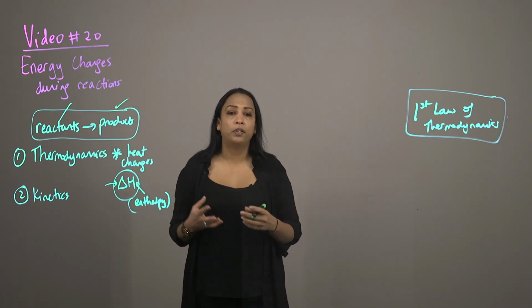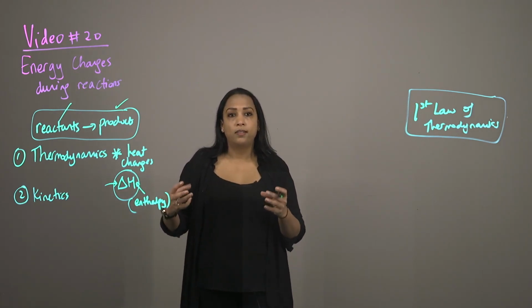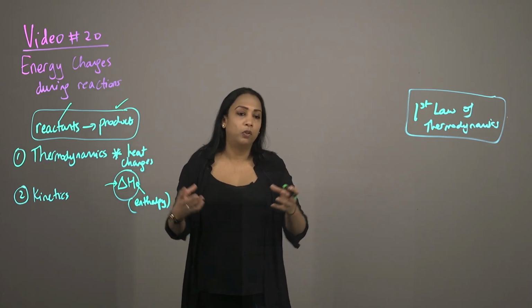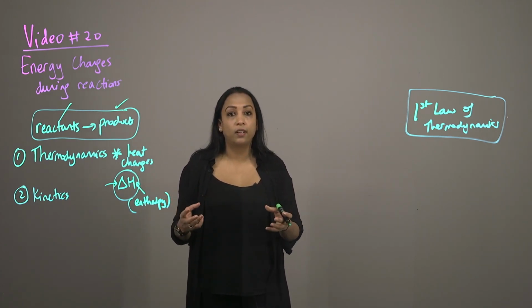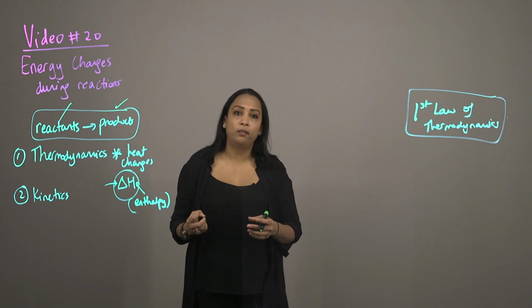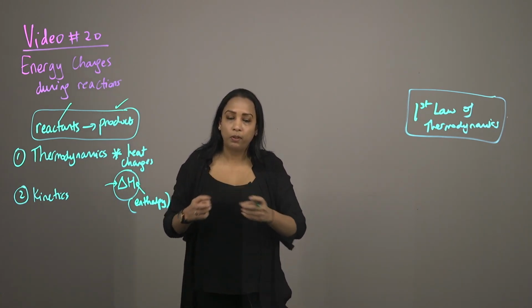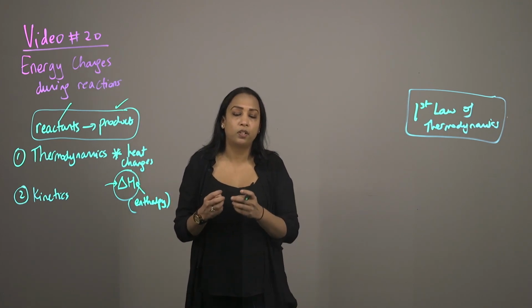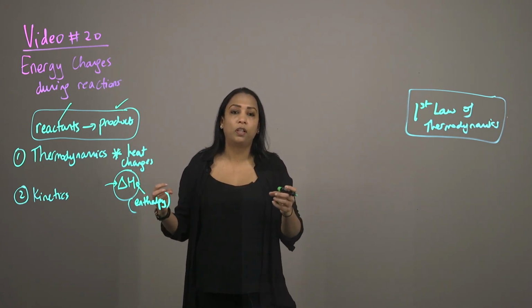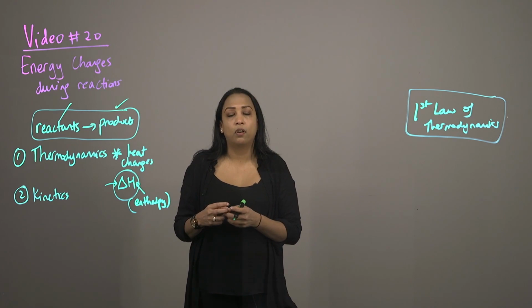If you recall, when we looked at bonding, a bond is essentially, for example, a covalent bond. We have the sharing of electrons. So breaking a covalent bond means we need to put energy into that system so that we remove the mutual attraction between the two positive nuclei to those shared electrons.